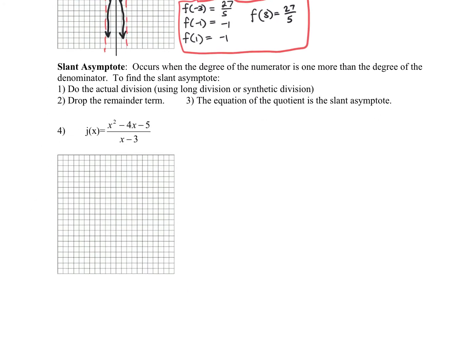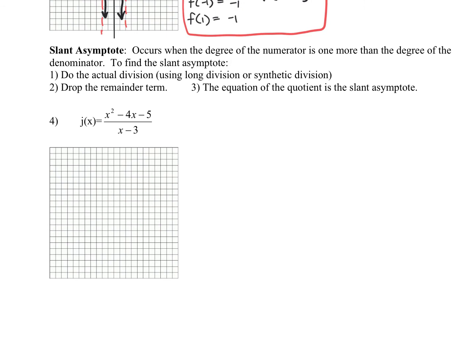The last thing we want to account for here is something called a slant asymptote. So this is a special type of asymptote, and it's more like a horizontal asymptote than a vertical one. If we think about horizontal asymptotes as the end behavior of these rational functions, the slant asymptote behaves similarly. It's going to occur in a very specific circumstance.